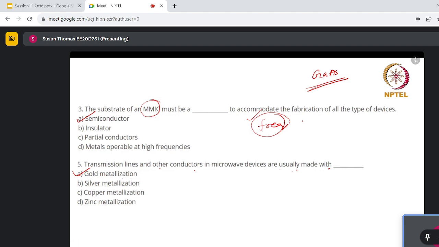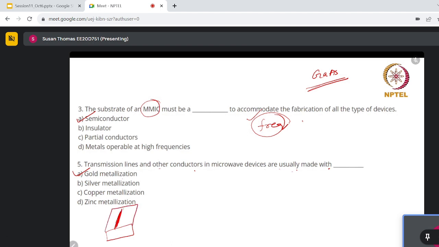I just wanted to add some extra points to this. There is a substrate and you want to make some conductor lines. So the gold has to be deposited.